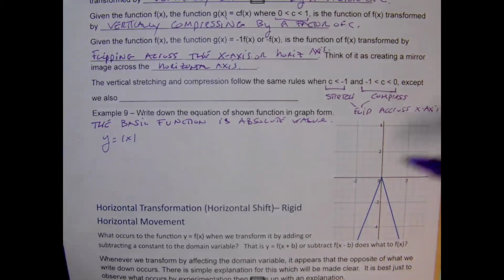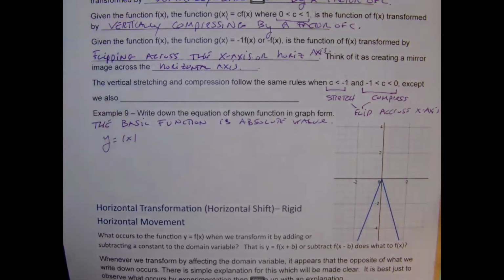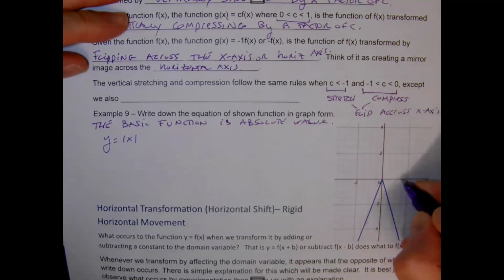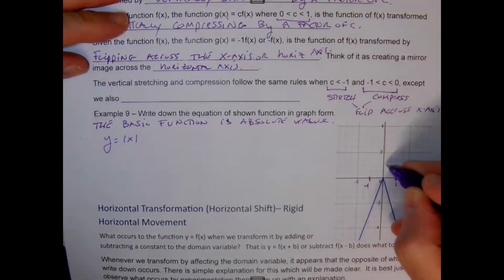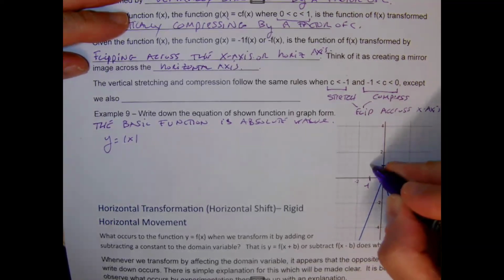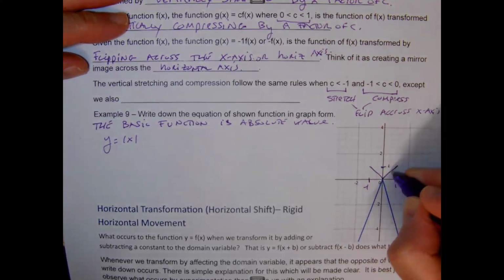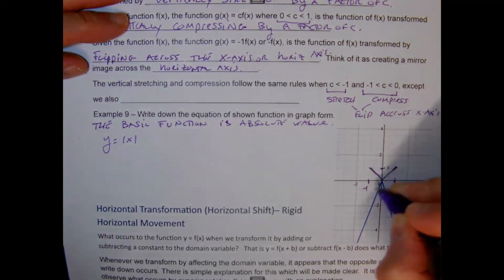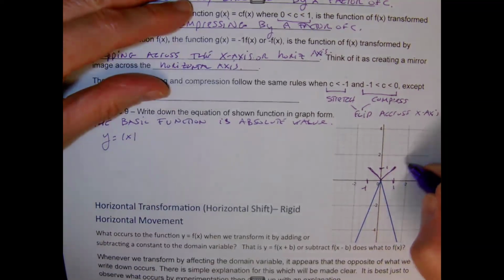And what am I also looking at here? Well, it looks skinnier than the one before. The other one, here's 1, here is -1, here's 1. So the original one looks like this, where -1 produces 1, and 2 produces 2, for example, and so on.